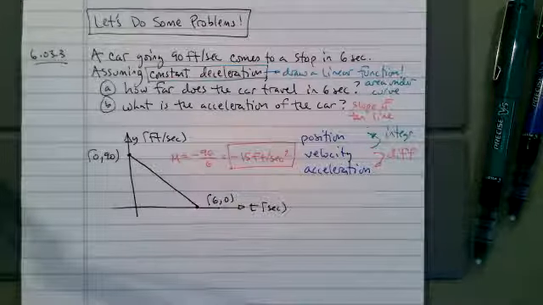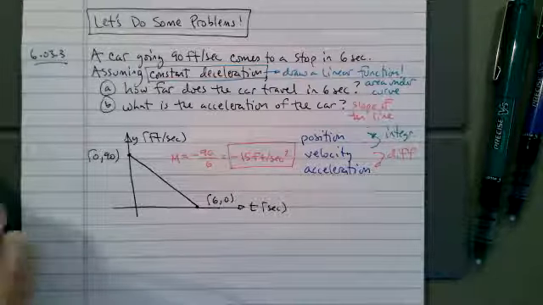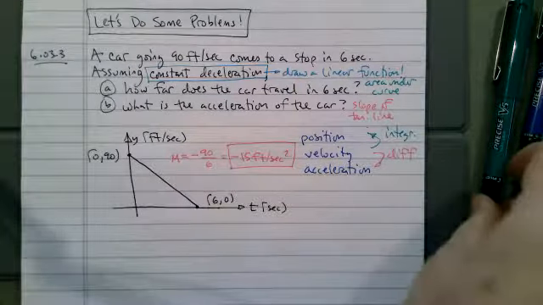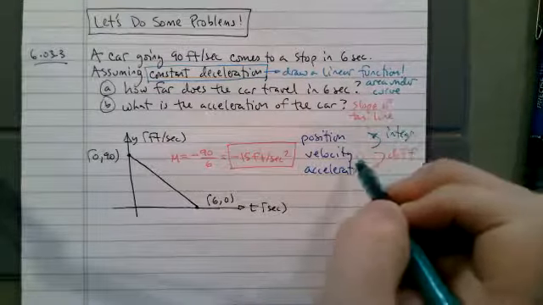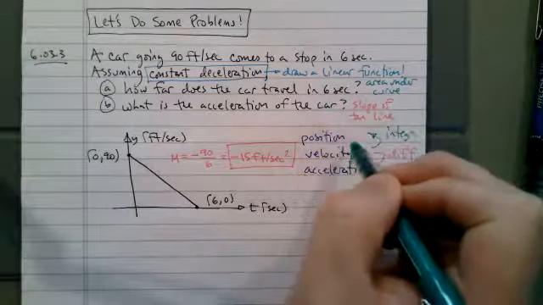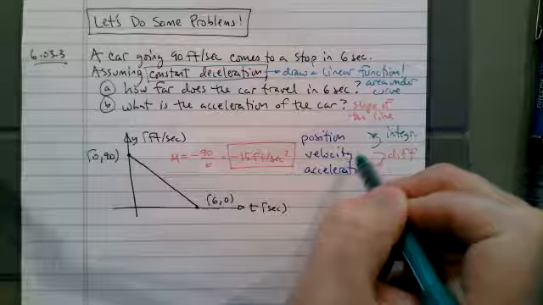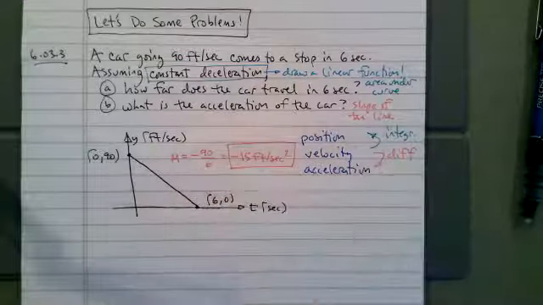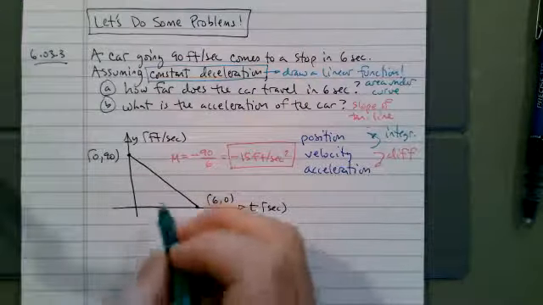The other question says, how far did the car travel in 6 seconds? Since that's a question about position, which is the integral of velocity, and when we're looking at a graph, an integral is an area under the curve.